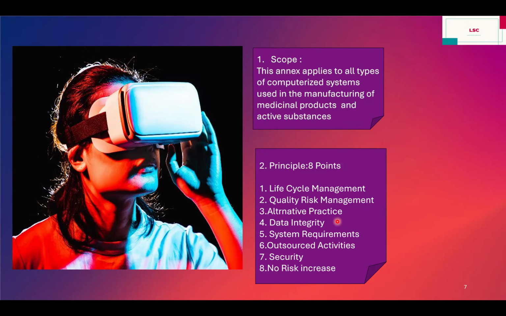Maybe you can use some other practice that is not listed in the guideline, but they accept it if you have proven and documented that it provides the same or a higher level of control. So if you add some alternative practice, it should provide a high level of control, up to the expectation of Annex 11.